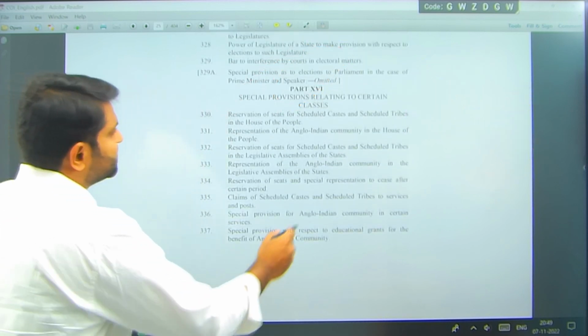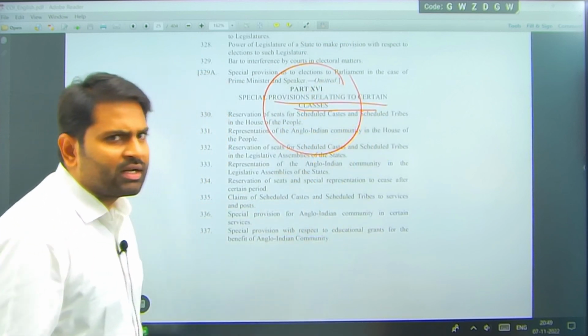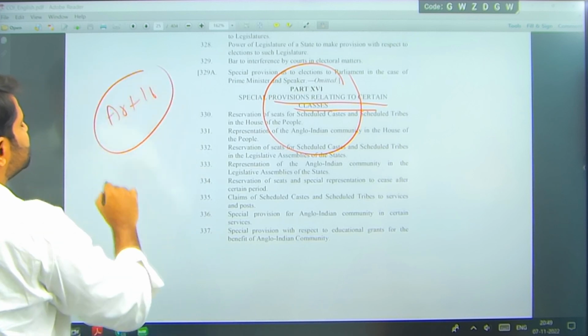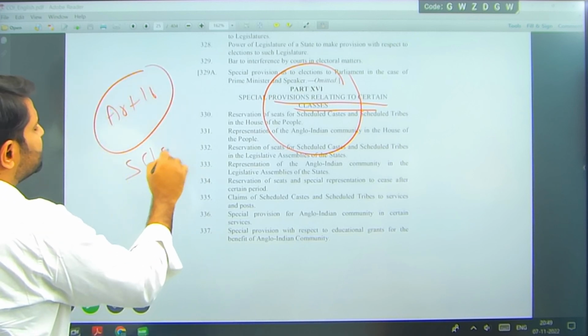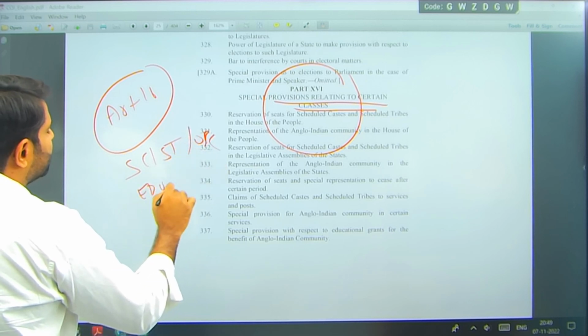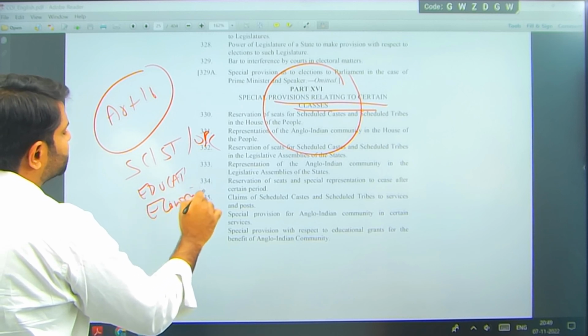Then comes part 16. Part 16, special provisions related to certain classes. Part 16, you need to compare it with Article 16. Article 16 is also special provisions to SC, ST, OBC, or you can call educationally backward or economically backward or socially backward people.